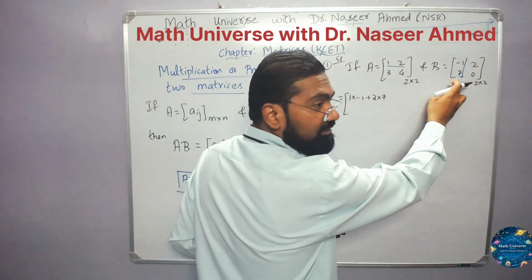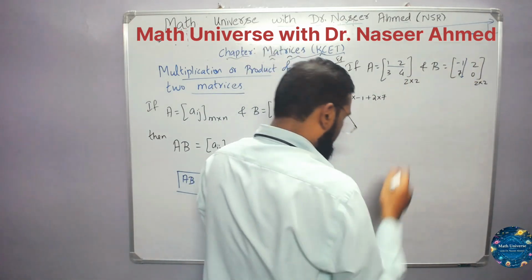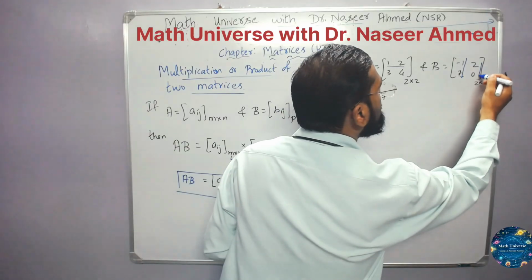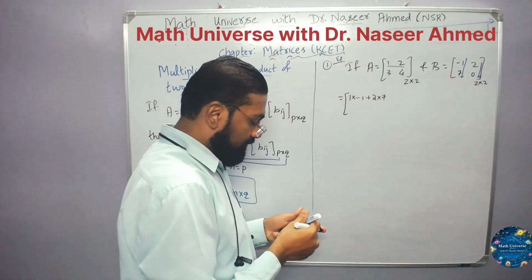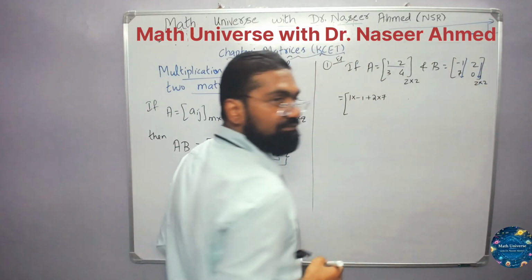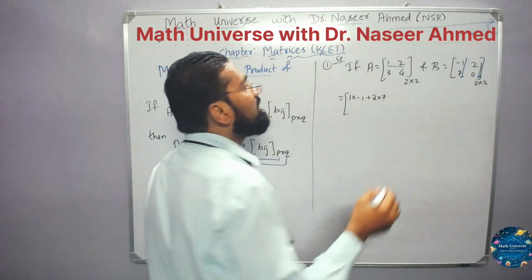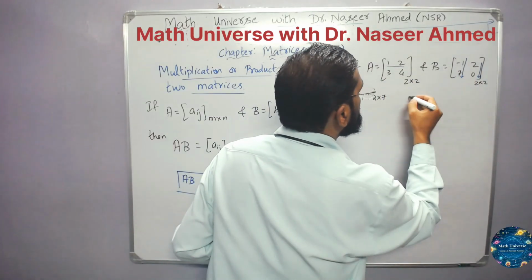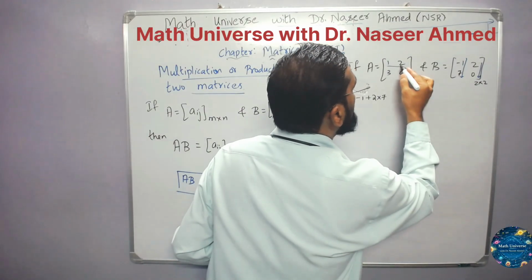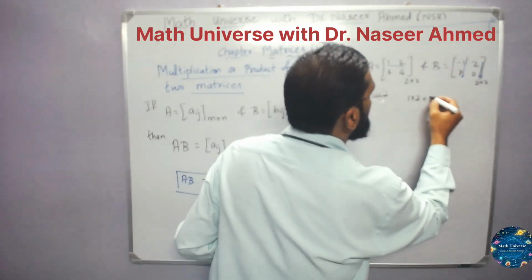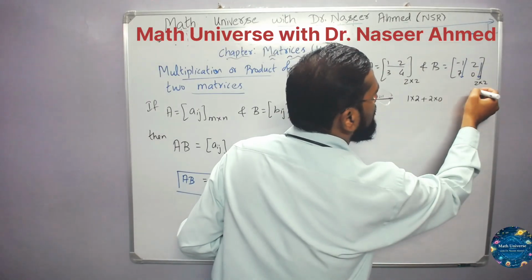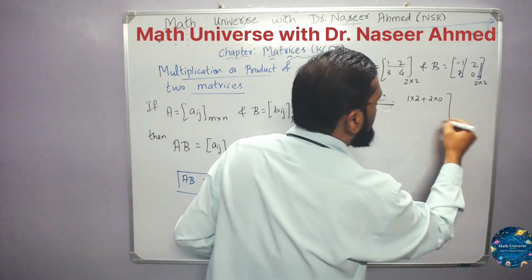As soon as we finish the entire column, we have to go for a new column. When I go for a new column, I have to give a space. Now here, 1 into 2 plus 2 into 0. As for the second column, there are no more columns, close the bracket.